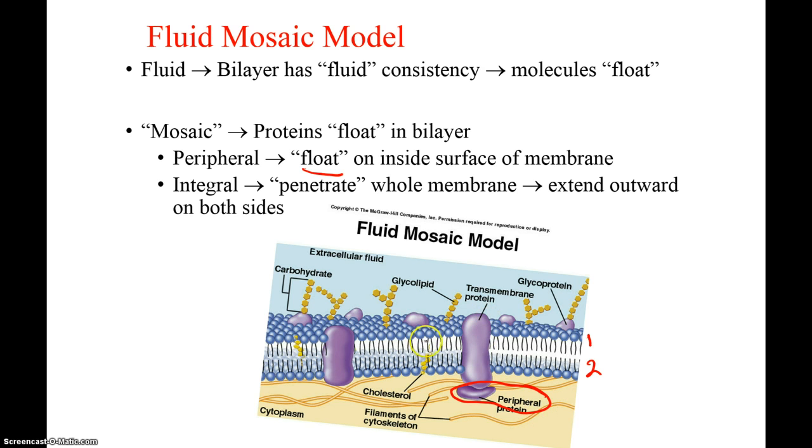Integral is anything that penetrates the whole membrane, in other words, it's exposed on both sides. That right there is an integral protein because it is on the top and on the bottom, which allows for passage through. We'll talk more about these in more depth as we go.